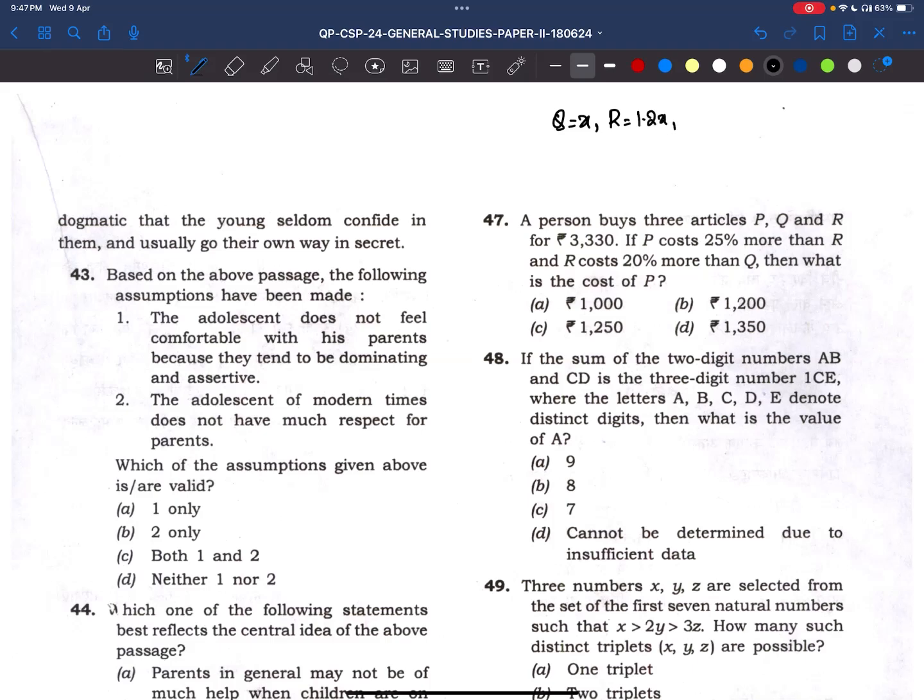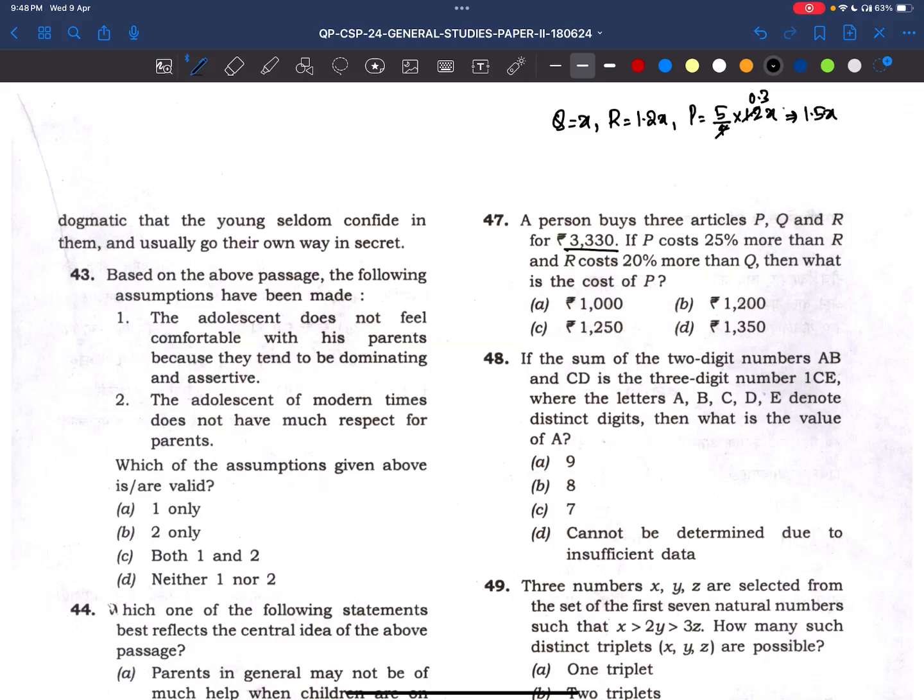Next, P costs 25% more than R. So P is 5 by 4 into 1.2 X, right? So, yes, this into 0.3. What is P? 1.5 times of X.